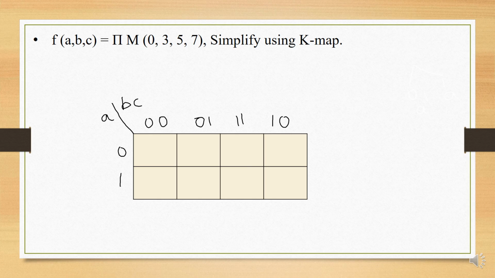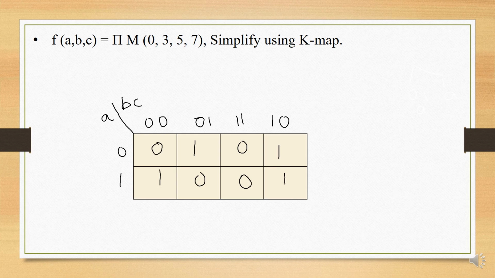For the decimal numbers 0, 3, 5, 7, that is, the cell numbers 0, 3, 5, 7, we have to place logic zeros in the K-map. So cell number 0 is 0, cell number 3 is 0, cell number 5 is 0 and cell number 7 is 0. For the remaining cells, you need to place logic ones.